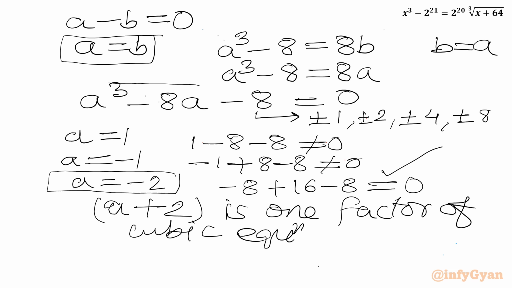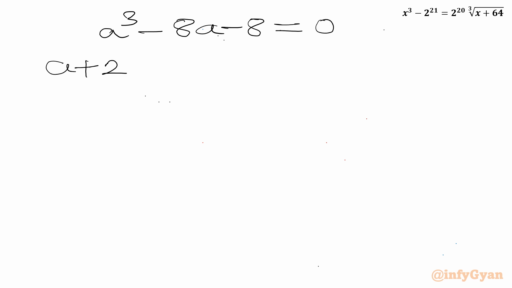And equation is a cube minus 8a minus 8 equal to 0. Let me write here: a cube minus 8a minus 8 equal to 0. A plus 2 is one factor. So I can write a plus 2 times one quadratic expression we can consider.